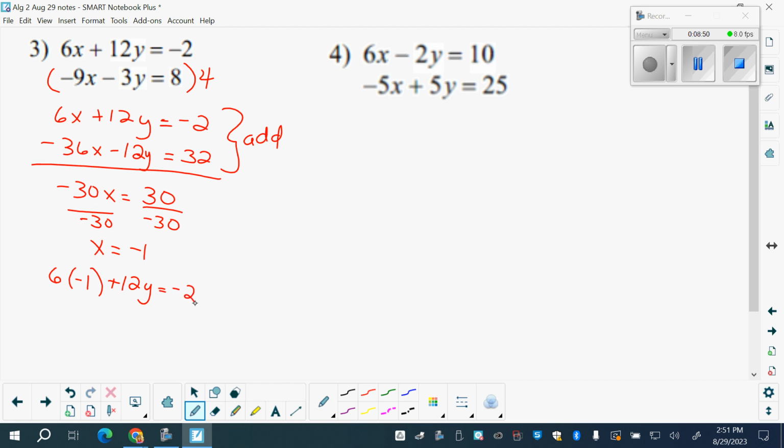So yesterday we were substituting it into the one that had the value isolated because it got us to what we wanted right away. Here we don't have anything isolated, so it doesn't matter which equation we substitute it into. So when I substitute the -1 in there, what do I get? Gianna.